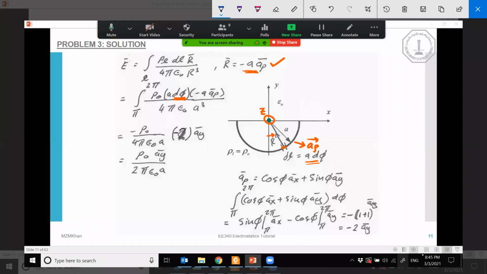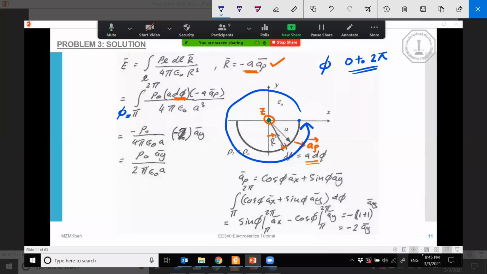You are in cylindrical coordinates, so it is with respect to phi, and you need to define the phi limits. Remember, the phi angle is always measured with respect to the x-axis, and it goes in this direction, like this. So phi takes 0 to how much? 2 pi. This is the range.